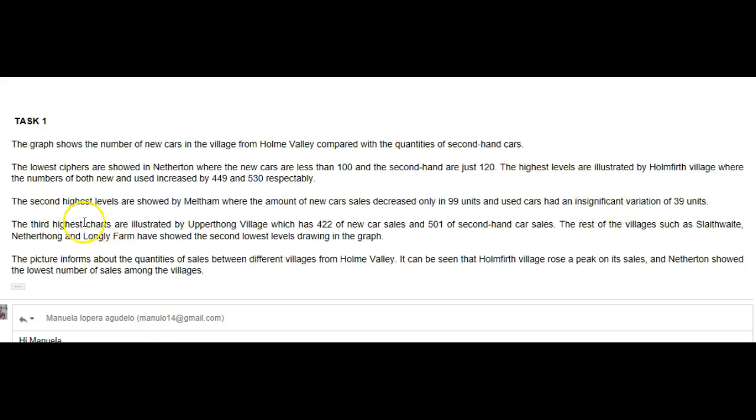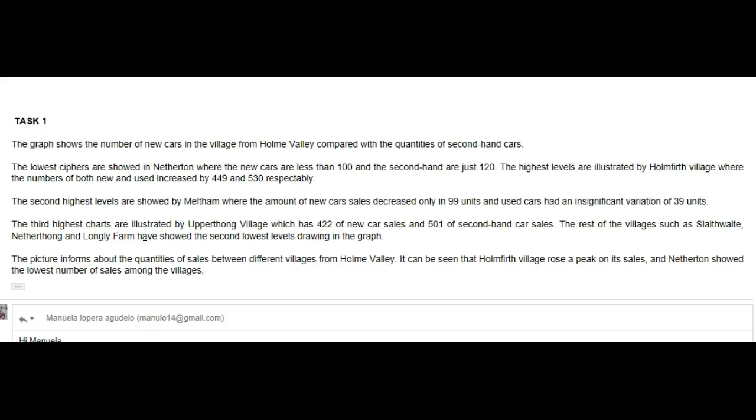"The third highest levels or sales are illustrated by Upper Thong Village, which has 422 new car sales and 501 second-hand sales" without the of in both cases. "The rest of the villages, such as Slaithwaite, Netherthong, and Longley Farm, showed the second lowest levels in the graph, not drawing." Just get rid of drawing.